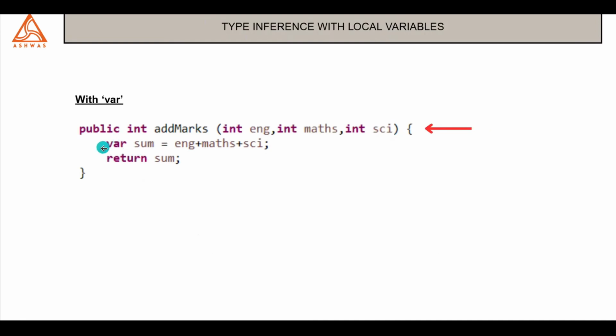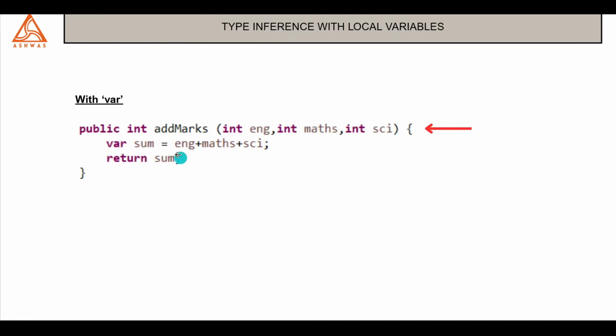I no longer use a specific data type while declaring a local variable. I perform my calculations, I assign it a value, and when a value is assigned to a local variable, the data type of that variable is resolved dynamically depending on the data type of the value that is being assigned to the variable.